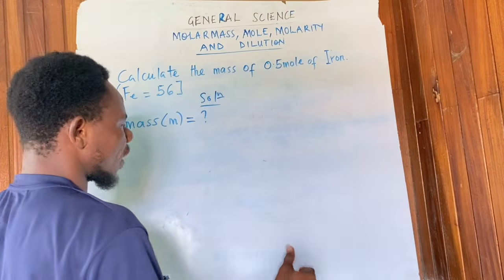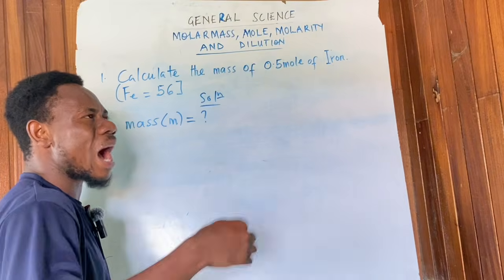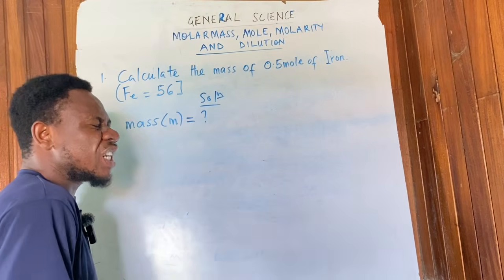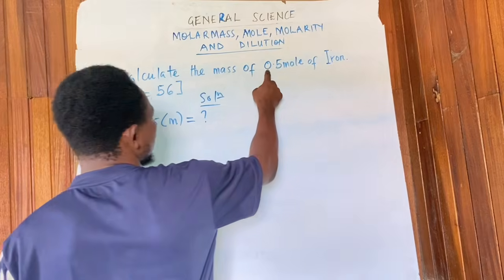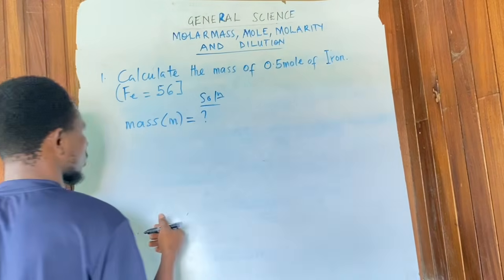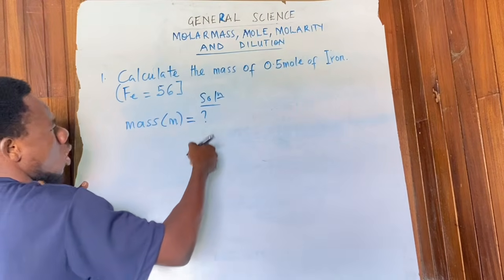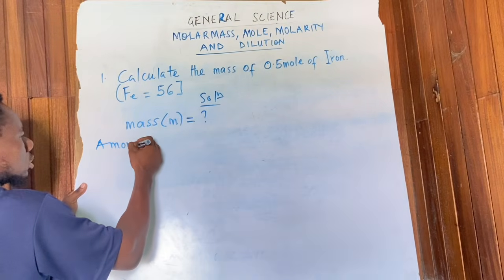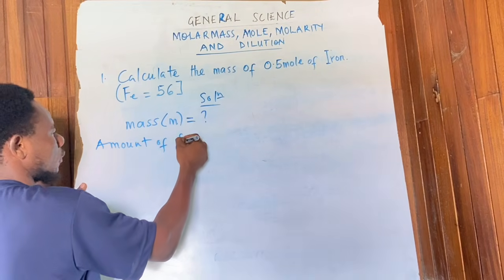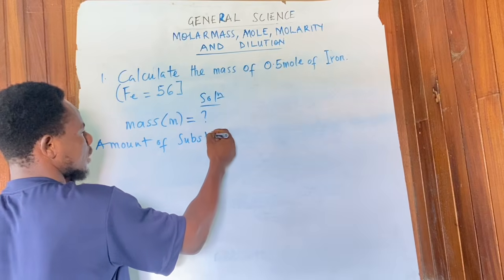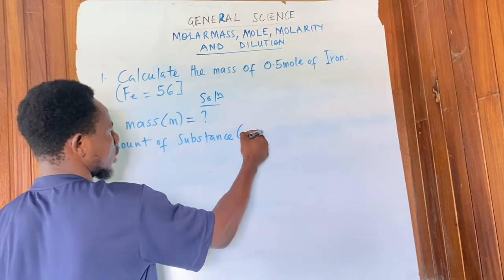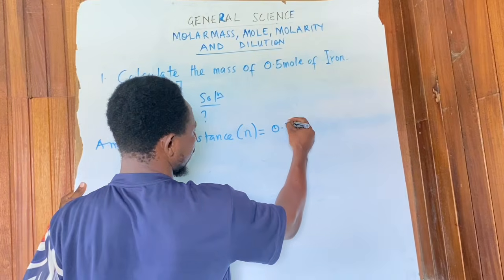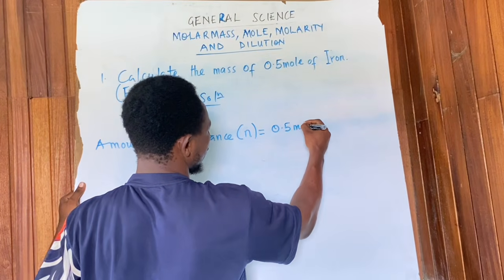Now 0.5 mole is the what? It is the amount of substance. That's why we said the amount of substance or the number of moles. So the 0.5 here is the amount of substance, so you can write mole or amount of substance. So amount of substance here, which is n, is equal to 0.5 mole.